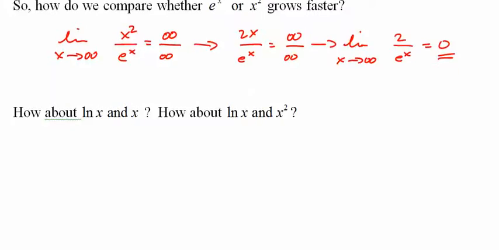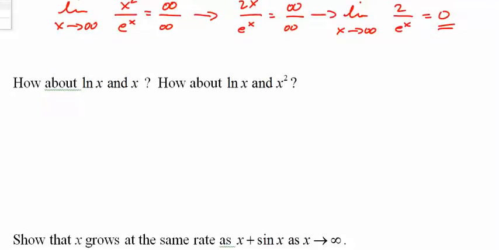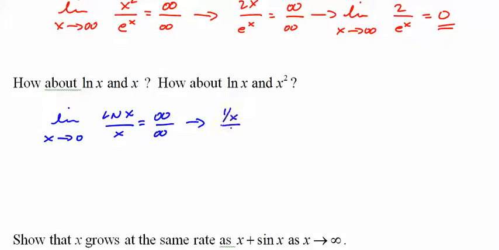How about natural log of x and x? Again, I would put natural log of x on top. Doesn't really matter. I've done this different ways. We get infinity over infinity. Derivative, we get 1 over x over 1, which is 1 over x.